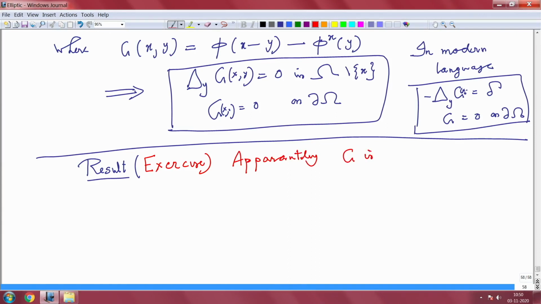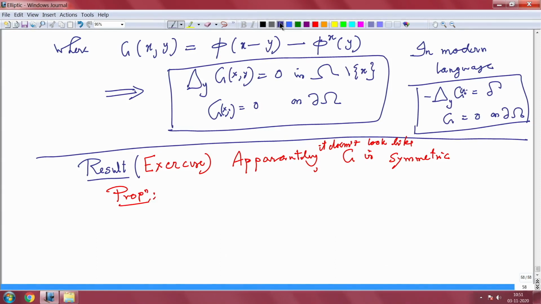Apparently G does not look like it is symmetric, but G is symmetric. Okay. But the result tells you the proposition which you can prove. I would like you to prove it.